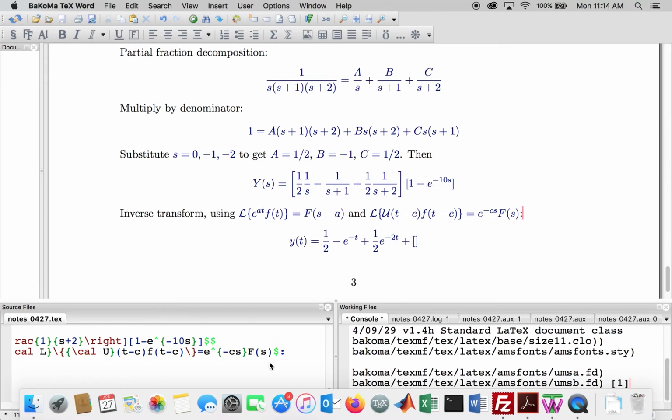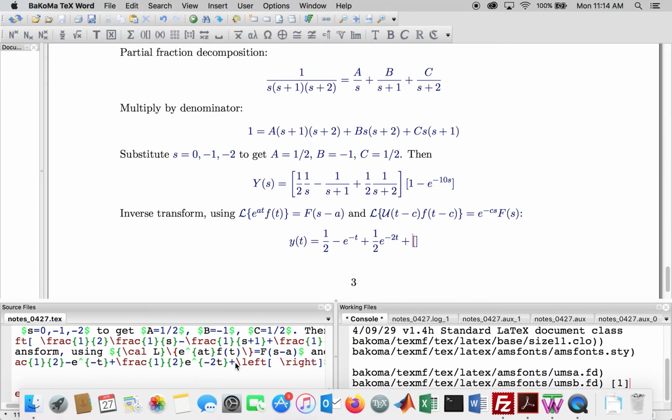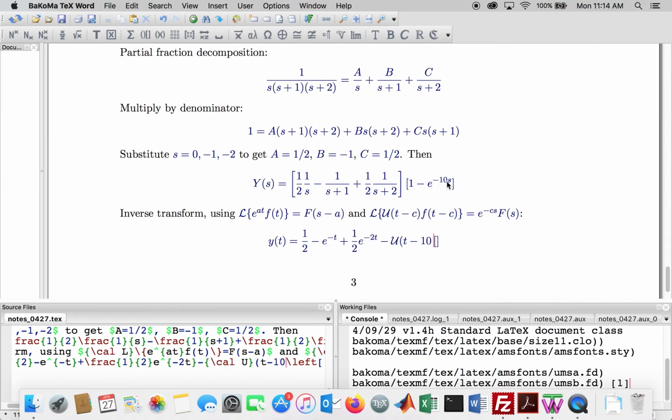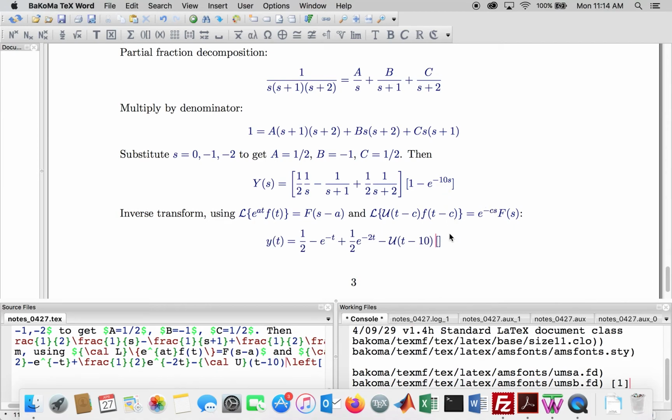I have a minus here, so I need a minus down here. Because I have this exponential in the transform, I'm going to have this unit step function, u of t minus c, where c is 10 in this case. And then whatever function I have that's multiplying all this, all of it in the large square brackets here, I'm going to transform back to f of t minus c. In other words, it's a function of not t by itself, but t minus 10.